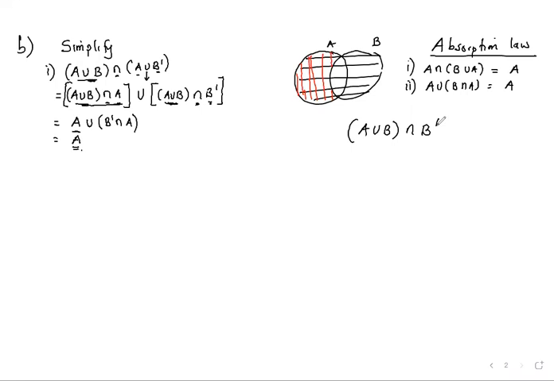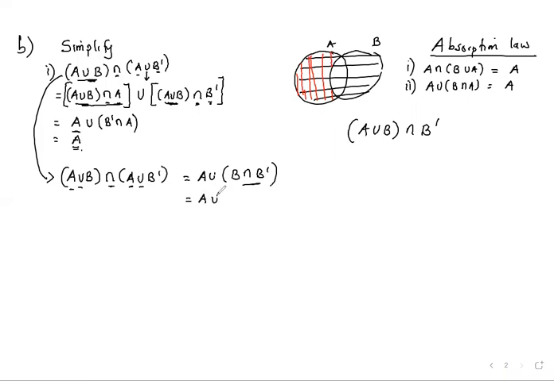So if you don't go with distribution, you say, okay, A is common together with its union. Then what is remaining? B intersection B complement, and this is empty. So you have A union empty, giving us A.